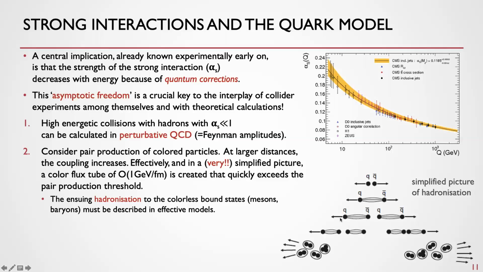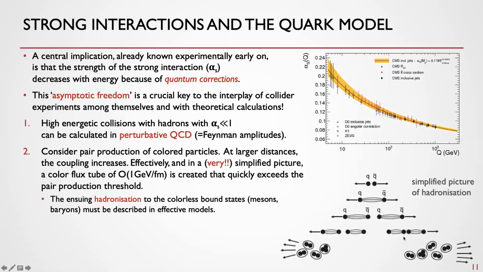And this continues to happen. Usually, it's difficult to describe this remotely. I hope you bear with me, but the time goes from top to bottom here. The quarks move apart. The field strength contains GeV per Fermi energy density, which creates new particles.